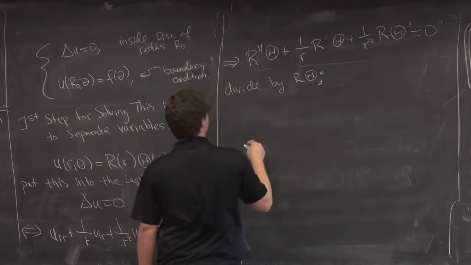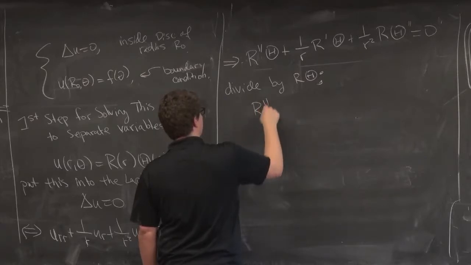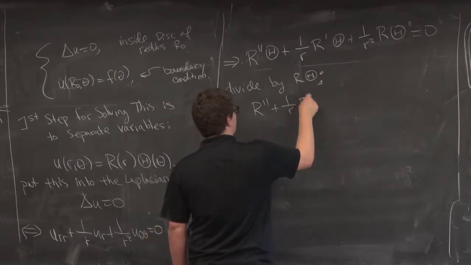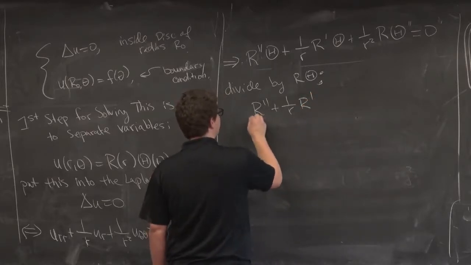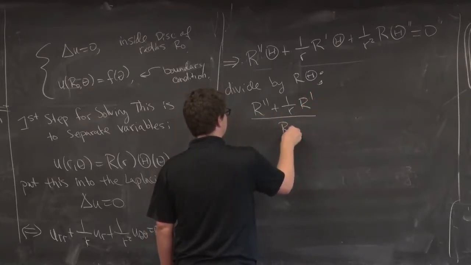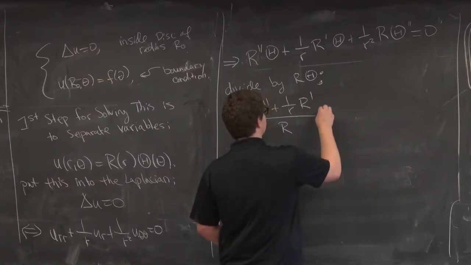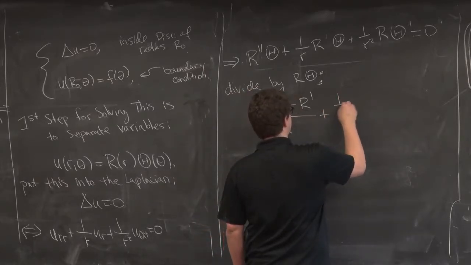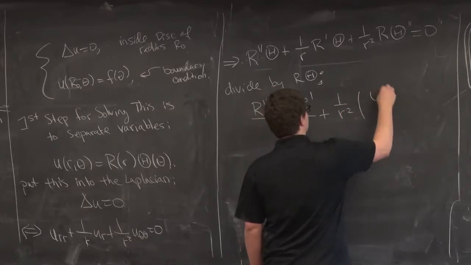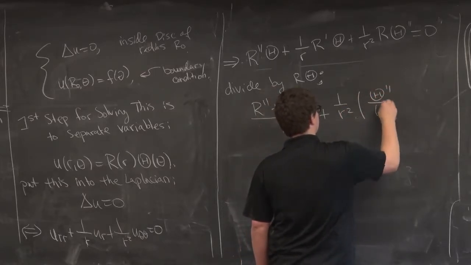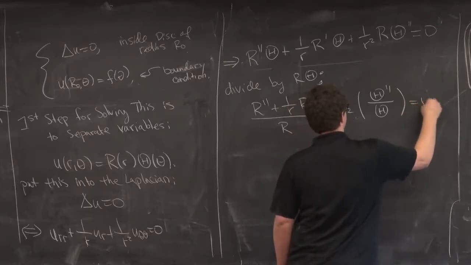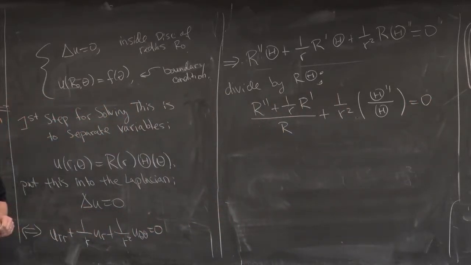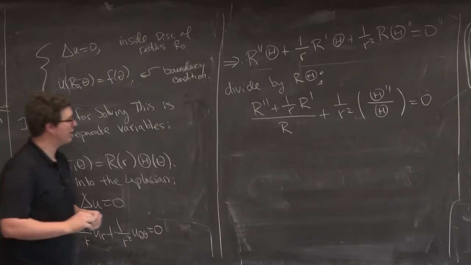so to do that, we get R'' over R plus 1 over r R' over R, this thing divided by R, plus, I guess we get 1 over r squared Theta'' over Theta is equal to 0. Okay?